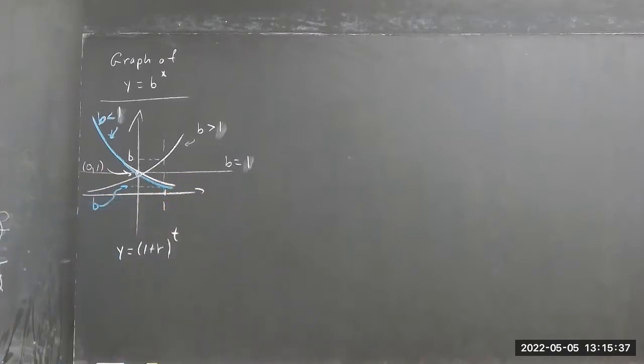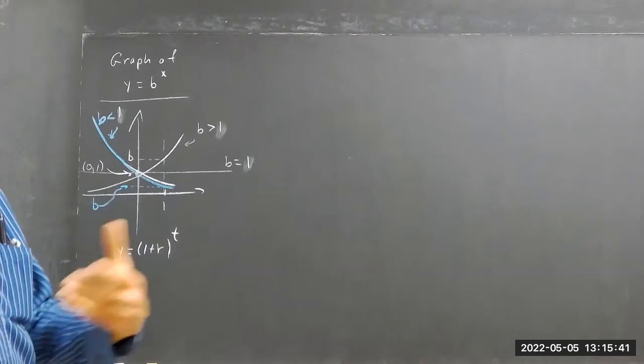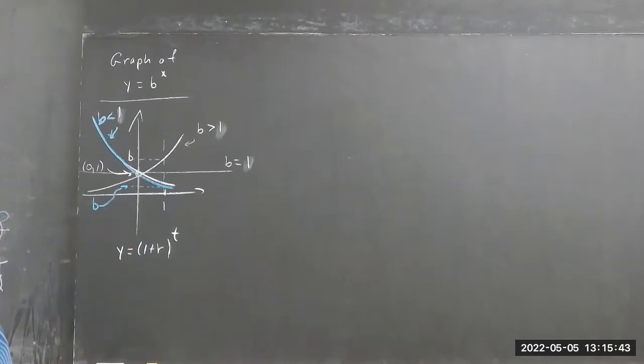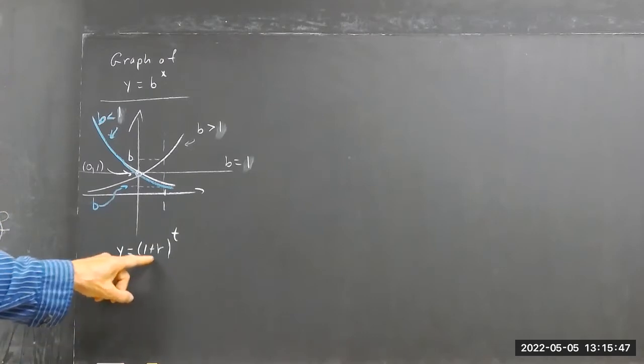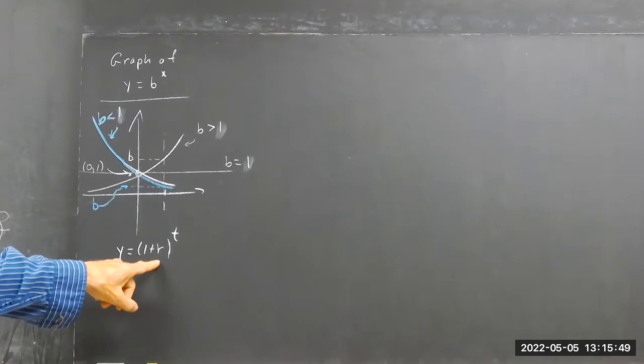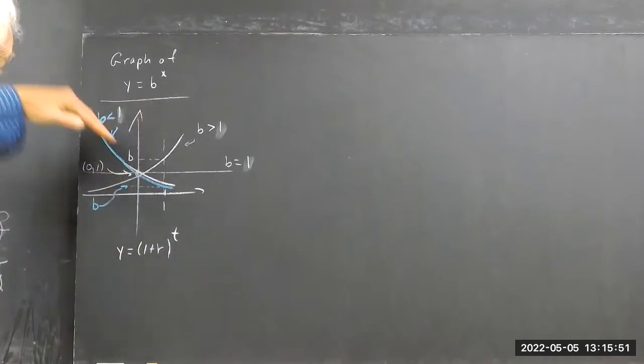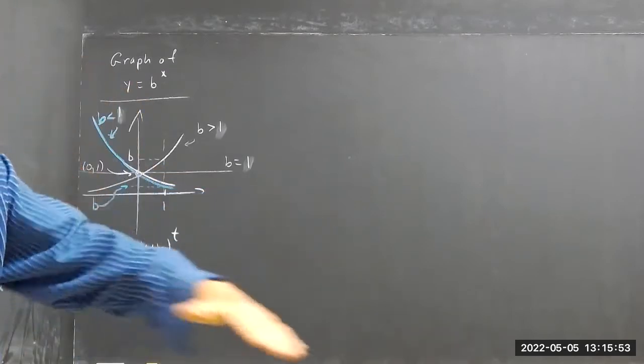Or as I said, if you have a certain amount of money and inflation's running at a certain rate, then r would be a negative number, which would make this less than 1. So b is less than 1, the value of your money starts going down.